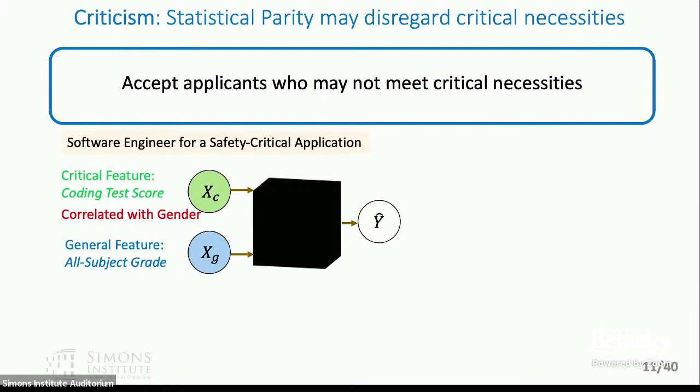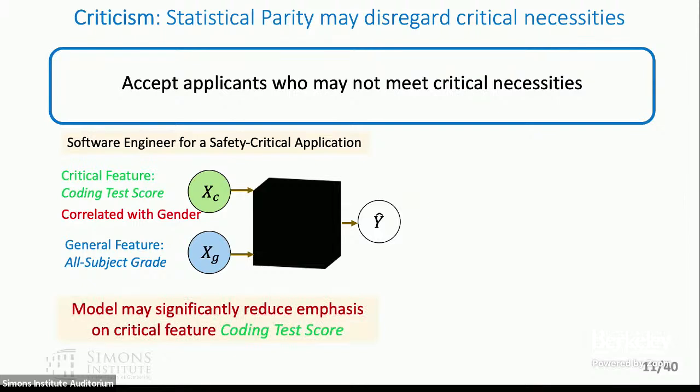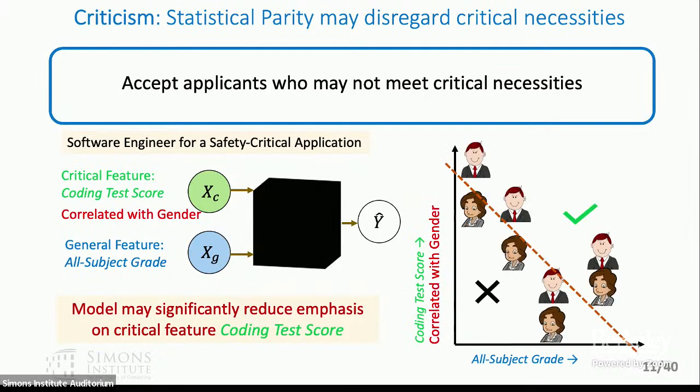Then what could happen is, to reduce the mutual information between the sensitive attribute and the final output, the model may significantly reduce emphasis on the critical feature. So this is the classifier that we learn without using any kind of fairness criteria, but if we try to incorporate statistical parity as a regularizer, the model might end up being something like this, which reduces the emphasis on coding test score entirely, which is not desirable.